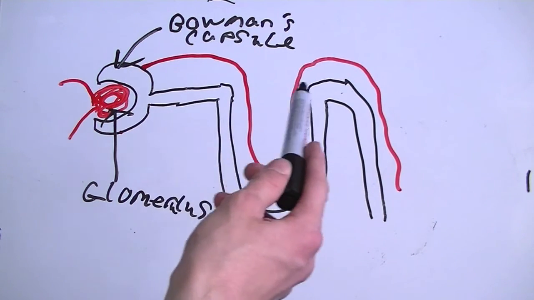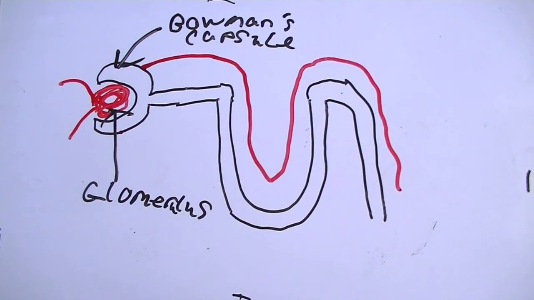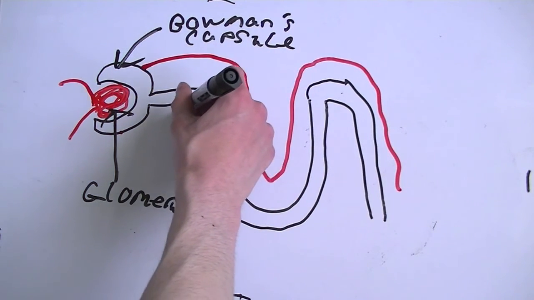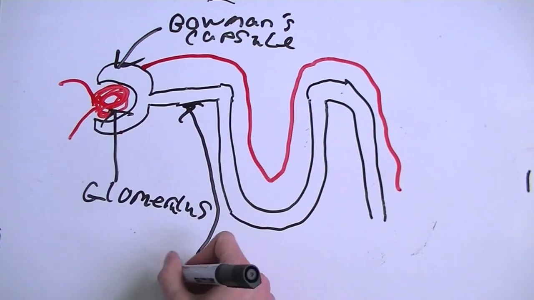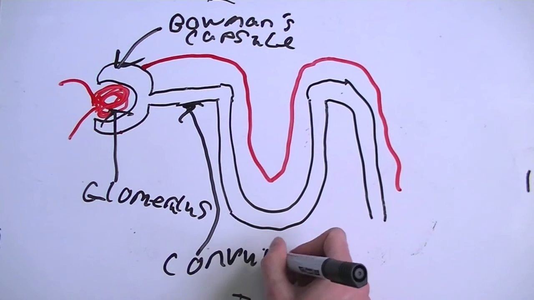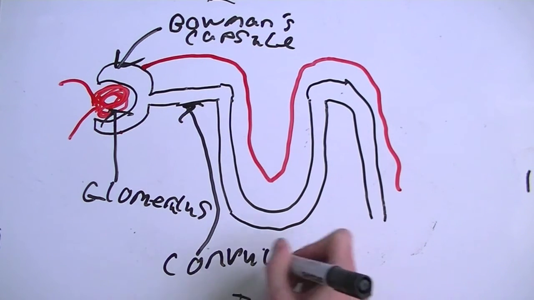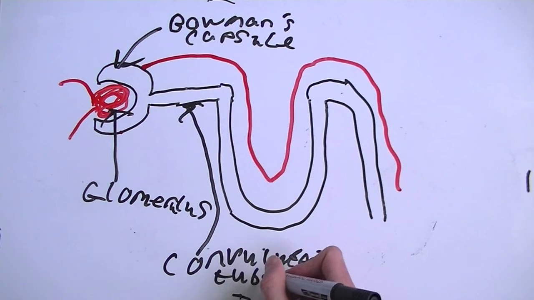Now there are two tubes here, and they're each known as convoluted tubule, okay? Now I'm just going to consult the book for the spelling on this one, but I believe it's spelled like this. Convoluted tubule. Yes.